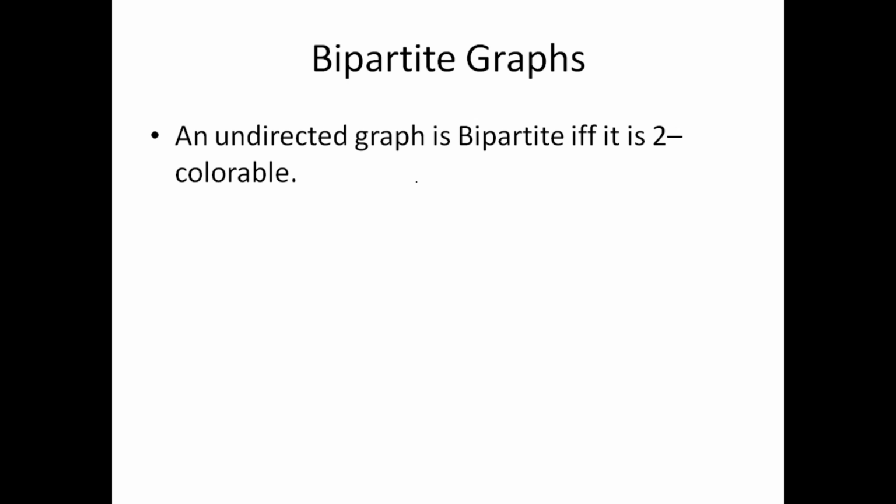An undirected graph is bipartite if and only if it is two colorable. It's easy to see the proof for this. If a graph is bipartite, then I should be able to put the nodes into two sets L and R, so that the edges will only go across L and R. Now what I do is color the left nodes with the color red, and all the nodes in the other set, R, with the blue color.